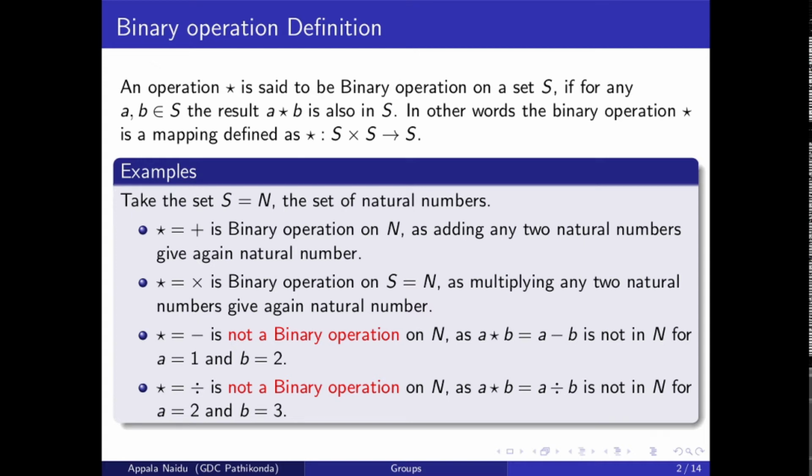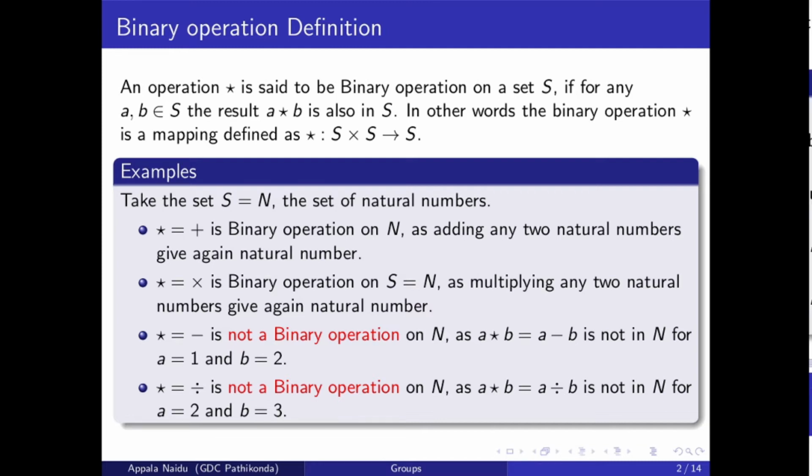Now let us take star as usual subtraction and the set as the set of natural numbers. In this case we take any two natural numbers and subtract one from the other, the result may not be in the set of natural numbers.